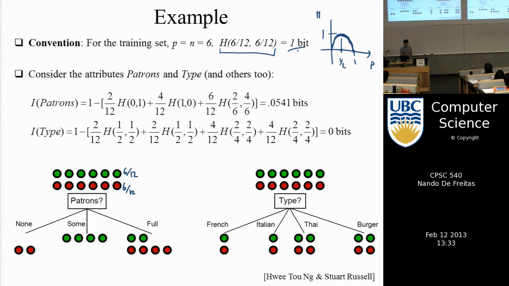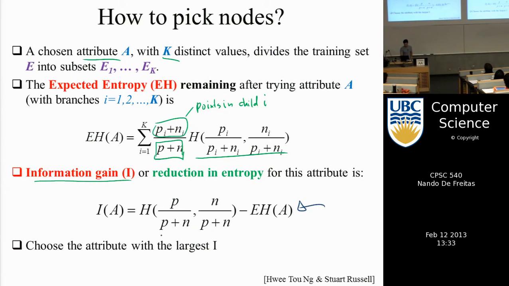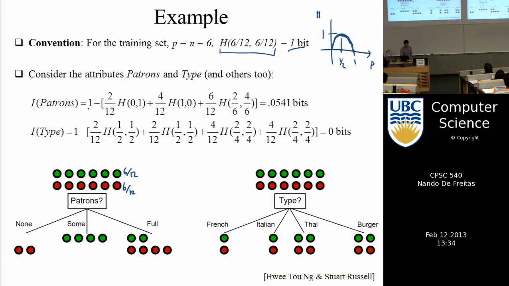And so we need now to compute the entropy of the parent minus the expected entropy of the children. And so the entropy of the parent is always 1, because you have an exact number of green and red in the pattern's case and in the type of cuisine.